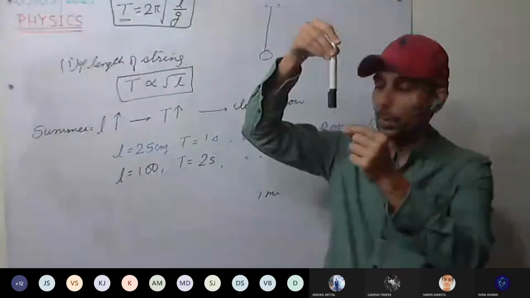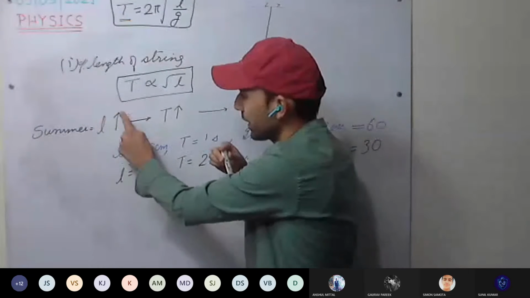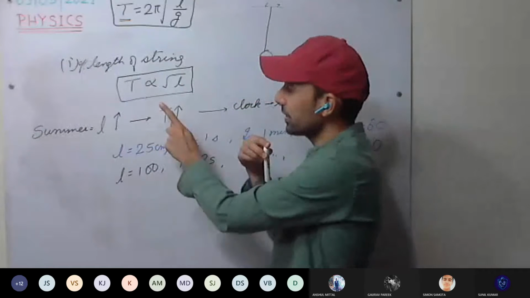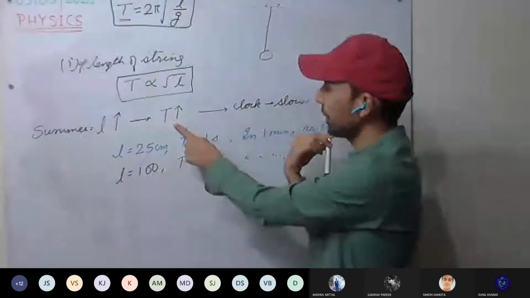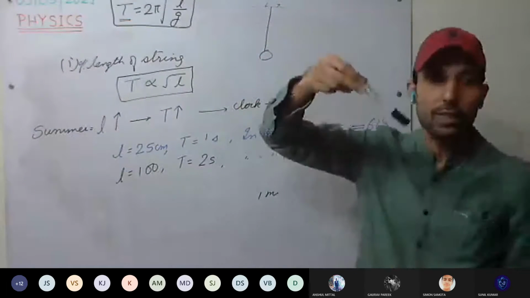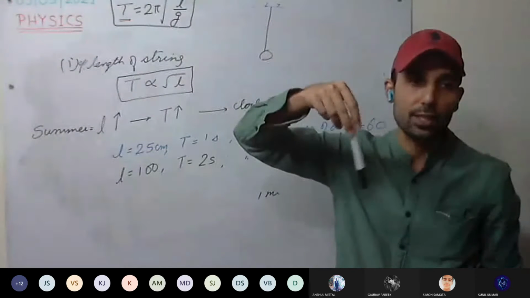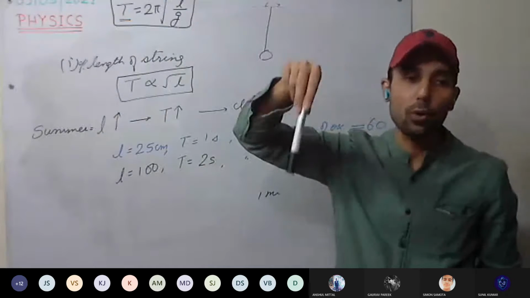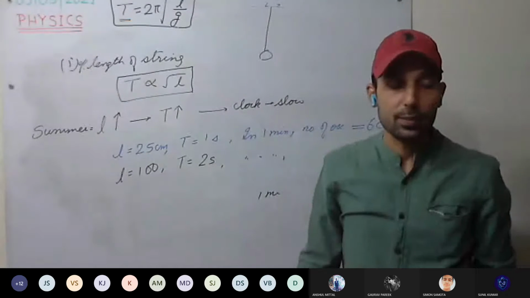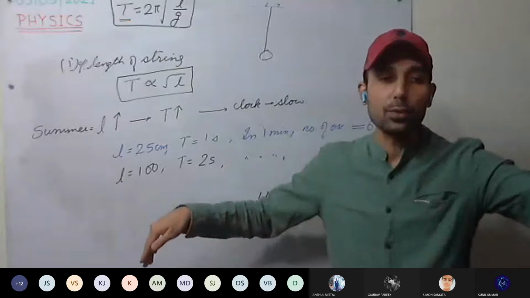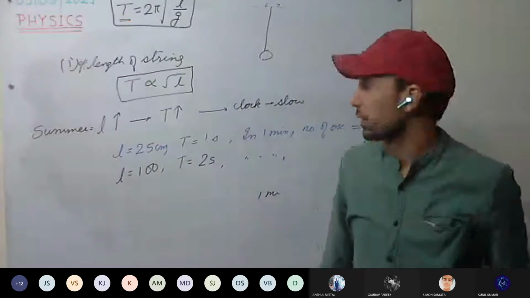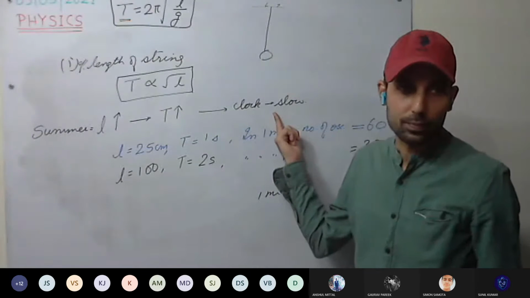As it expands, effective length increases. Time period increases. Number of oscillations made decreases in the given time, and we say clock has become slow. We have more time now.